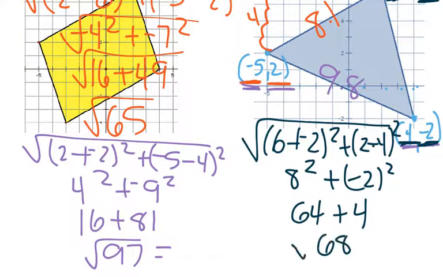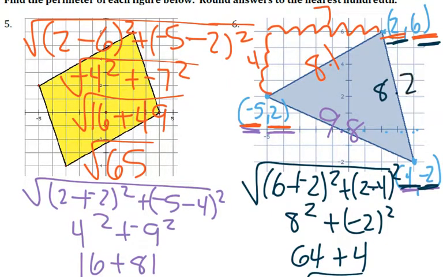So we get 68. Square root of 68, which is 8.2. And then we add these all up. So 16.3 plus 9.8 would be 26.1. That is our perimeter. It's 26.1.